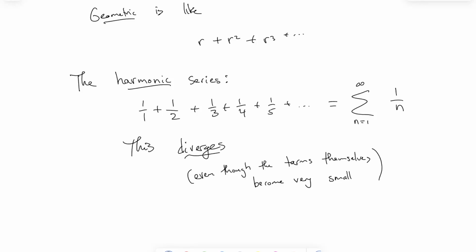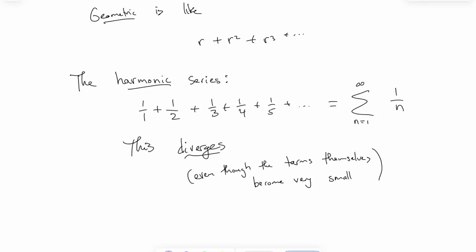Right? 1 over n, as you go down the list here, these terms get smaller and smaller. And so you might feel like if the terms are getting smaller and smaller, then when I add them all together, even though there's infinitely many of them, the ones towards the end are super small. So you might feel like they should actually add up to a finite answer, but in fact they do not. This diverges even though the terms themselves become very small.